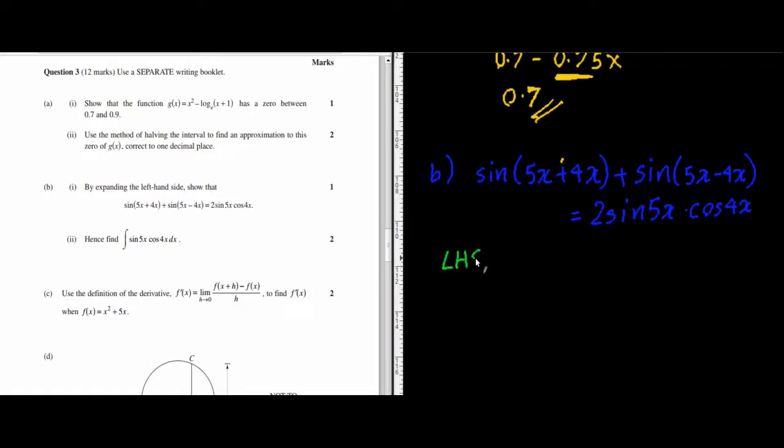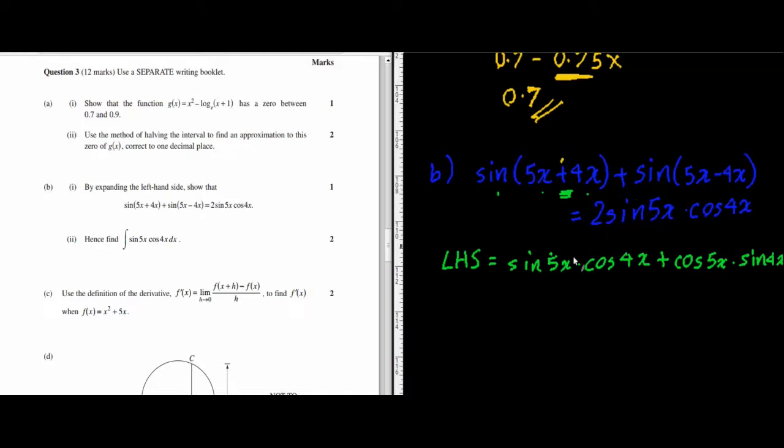Expanding the left hand side, sine of a plus b, you end up getting sine 5x cos 4x. Now remember, in the sine expansion, you leave the sign the same, the plus or negative sign. So in this case, it becomes plus cos 5x sine 4x.